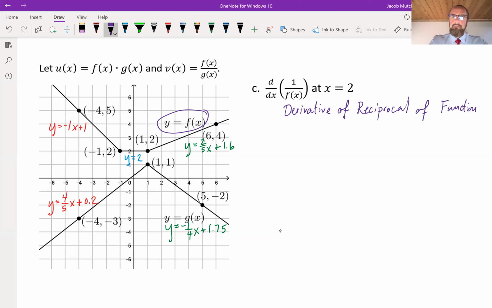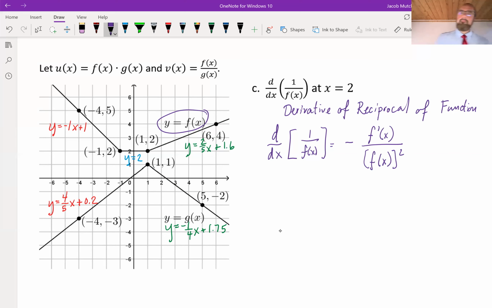If I've got a function 1 over f of x and I take its derivative, so d dx of 1 over f of x, the way that I take its derivative according to this pattern, it's negative derivative of f of x in the numerator over the original f of x squared. So it kind of has the look of our quotient rule, but it's modified. Notice that the numerator only has the 1 term instead of the 4 terms and the difference.